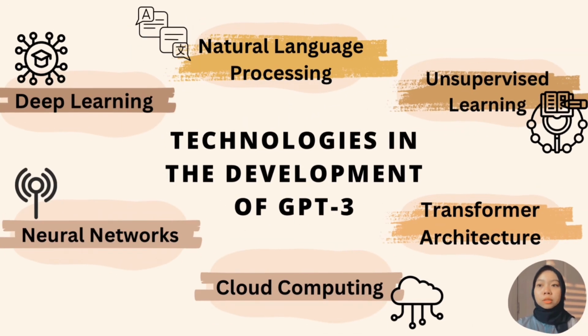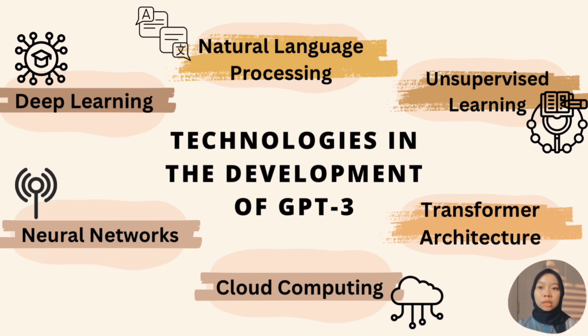And then, we move on to the technologies in the development of GPT-3. The development of GPT-3 involves several technologies that are commonly used in artificial intelligence and natural language processing. Here are some of the key technologies involved. The first one is deep learning. GPT-3 is based on deep learning, which is a subset of machine learning that uses artificial neural networks to model and solve complex problems. Next, neural networks.